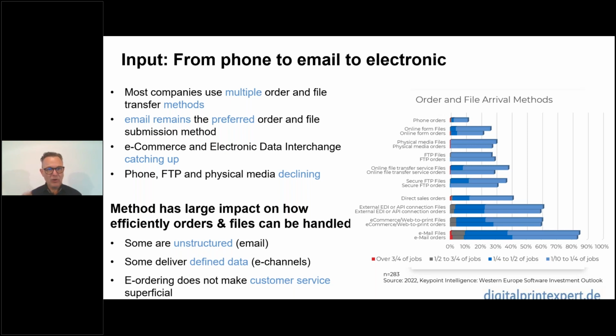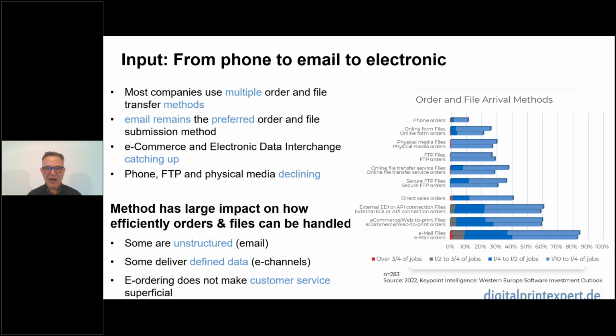You have fields you need to fill in, you know which data needs to go in which field, which makes it easier then to process further in your system. So there is quite a difference in the different methods here. And to say it right away, e-ordering does not make customer service superfluous, but it does support getting the right data into the right place.